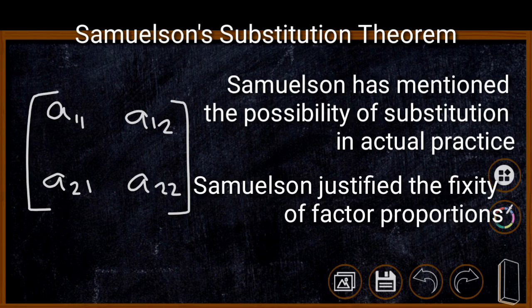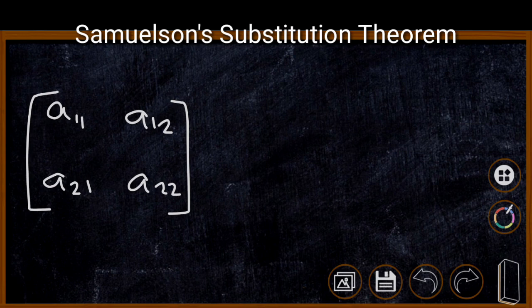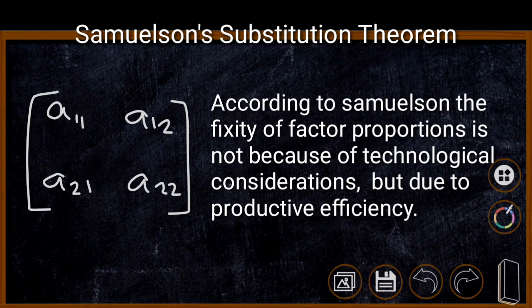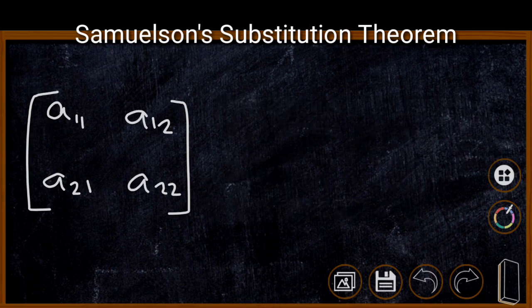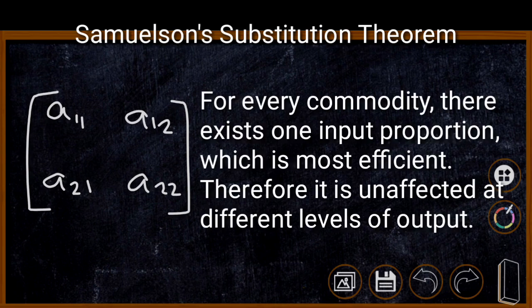According to Samuelson, the fixed nature of this input proportion is not because of technological considerations, but according to him, it is due to productive efficiency. By productive efficiency, he means that for every commodity there exists a proportion of production which is most efficient.